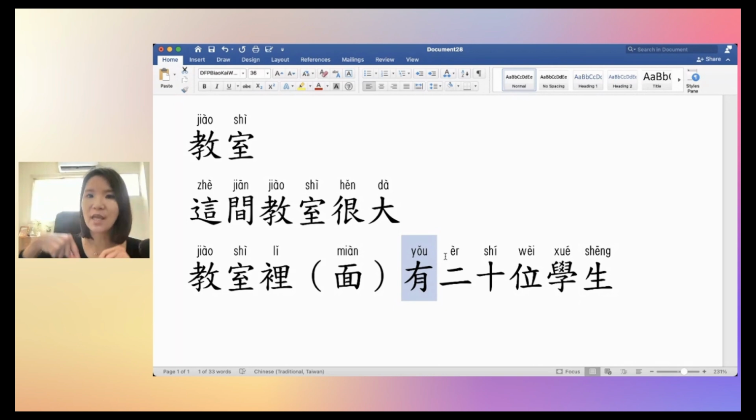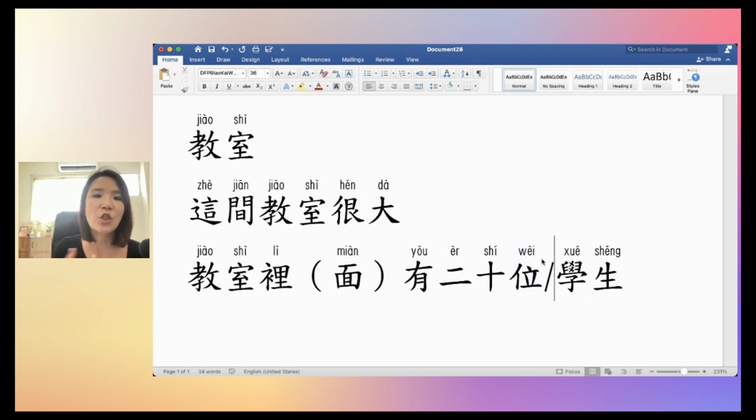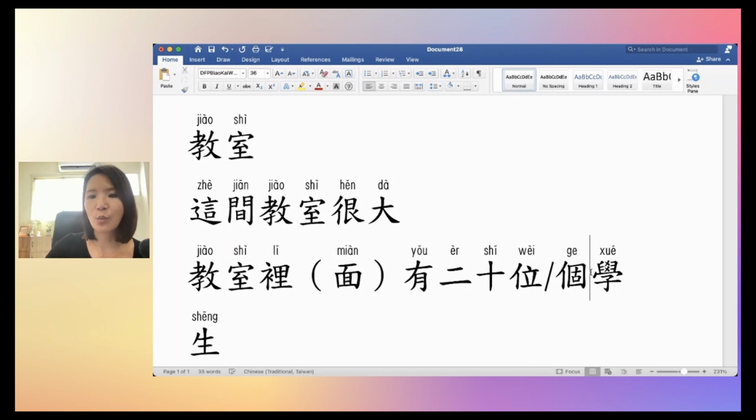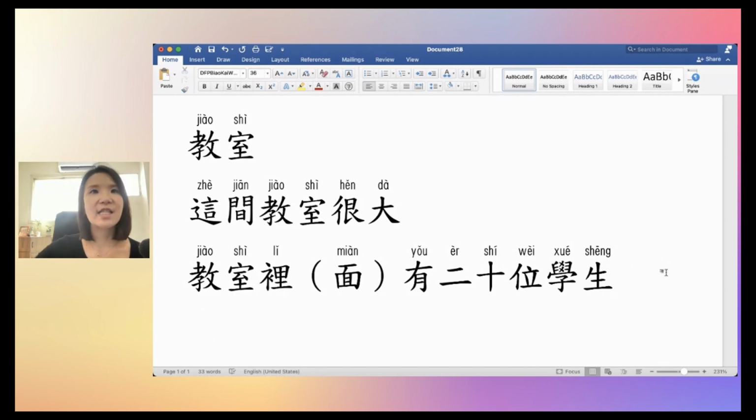You see the 位 here is the measure word for people, but sometimes you hear people use the general universal measure word, which is 个. 教室里面有20个学生. That works as well, but let's use 位. 20位学生. So that is 教室.